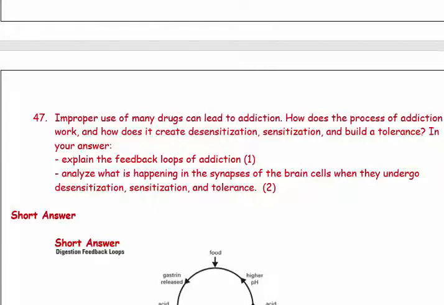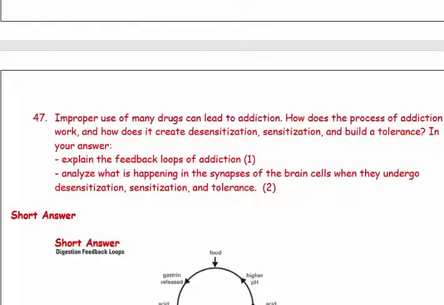So a drug that reduces the amount of neurotransmitter in the synapse will lead to sensitization. Okay, so we have a drug that increases the amount of neurotransmitter in the synapse, and we have a drug that decreases the amount of neurotransmitter in the synapse.